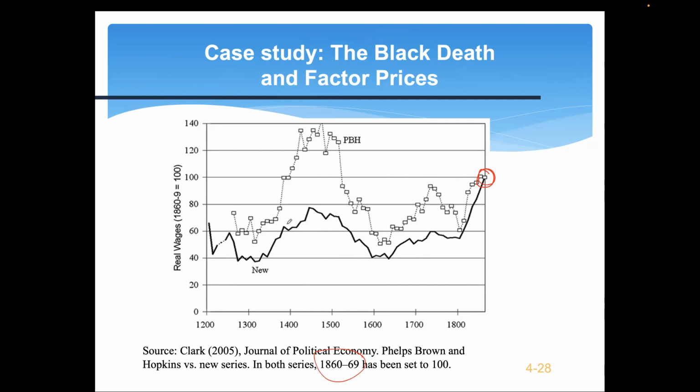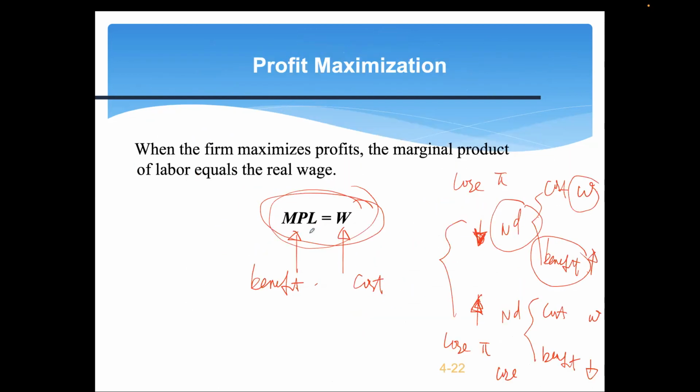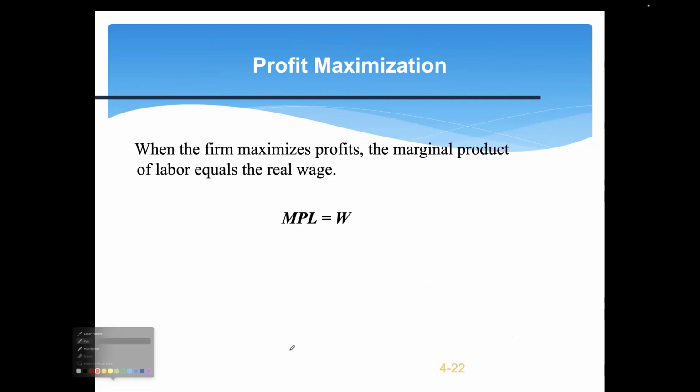Remember, the Black Death happens around that time, and right afterwards there's a shortage of labor, and the wage rate increased significantly. But let's go back to previous slides. This is what we discussed earlier, right?